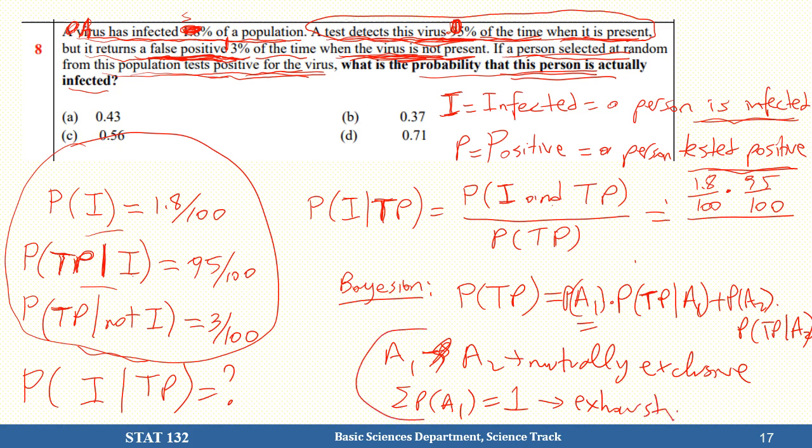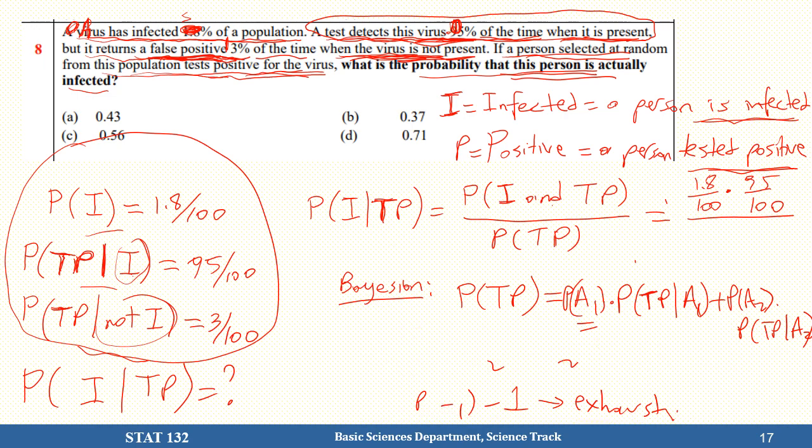We need A1 and A2, and what can they be? Here, if you look, we have I and not I. These are clearly mutually exclusive and exhaustive, so we can choose A1 as I and A2 as not I. Then everything will be clear.